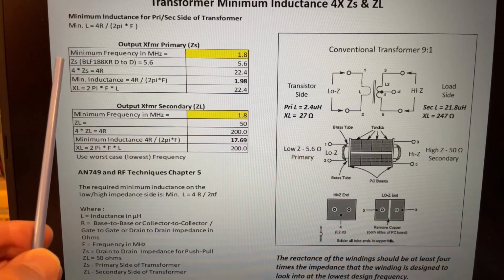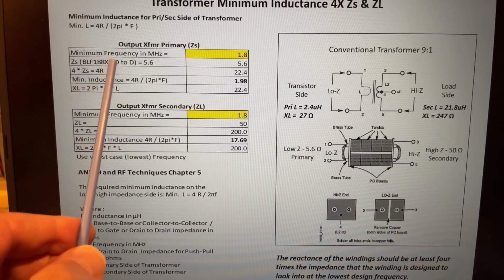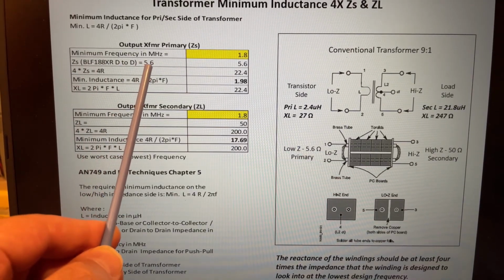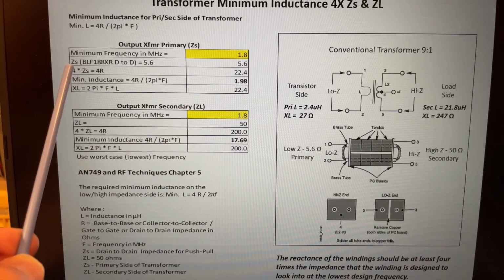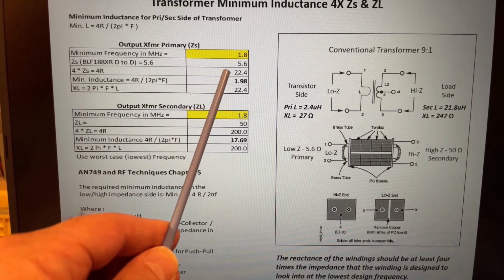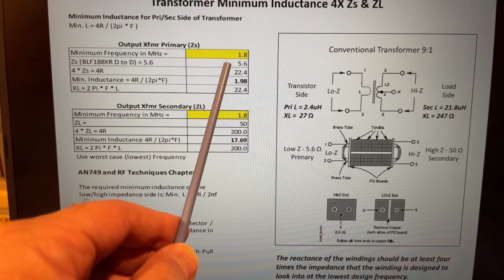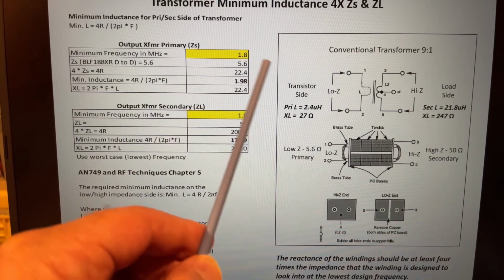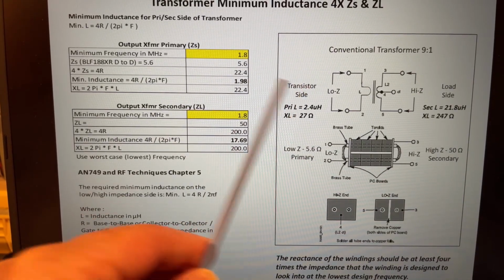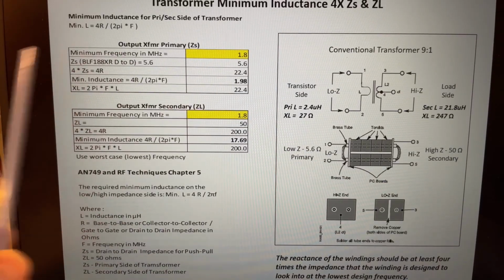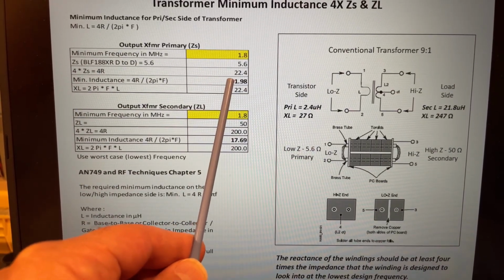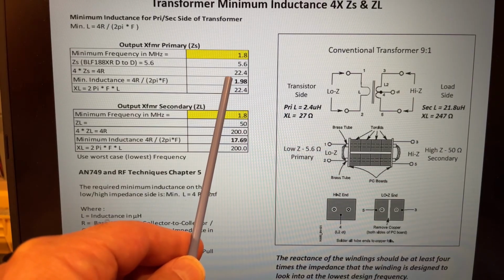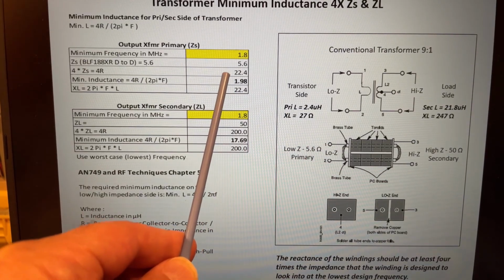And if we look, remember what we said, the drain-to-drain output impedance for our example is 5.6 ohms. So 4 times 5.6, we would need basically 22.4 ohms, okay? So when you work the equation backwards, that would be a minimum inductance of 1.98 microhenries, which is shown here.